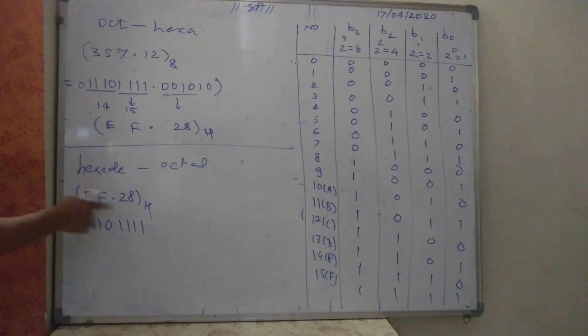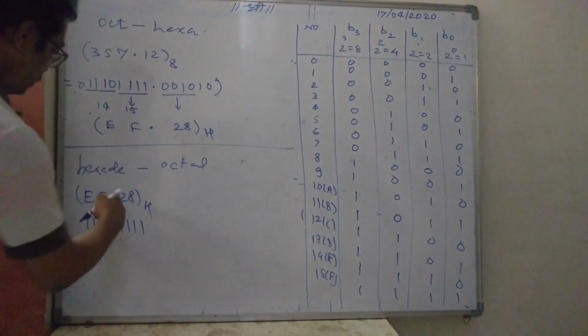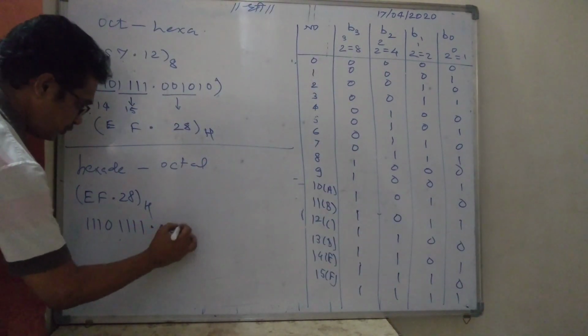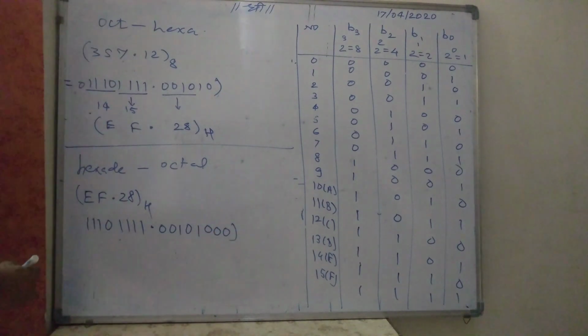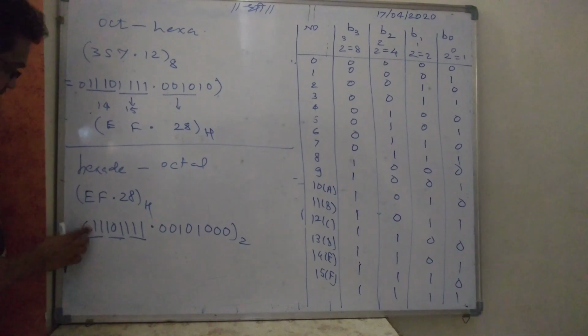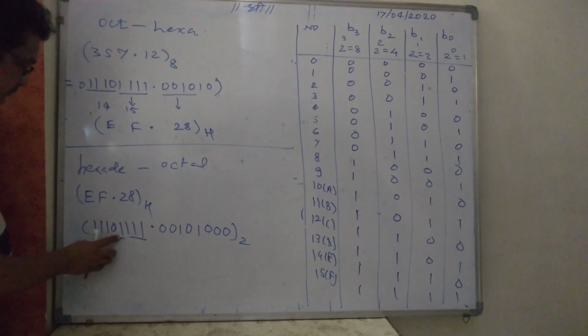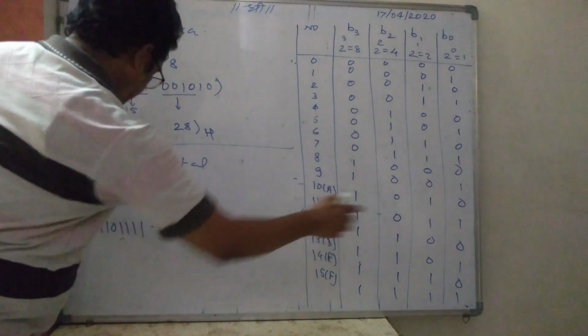You have to represent in 4 bits. E is 1 1 1 0. F is 15, 1 1 1 1. 2 is 0 0 1 0. 8 is 1 0 0 0. This is converted into binary, 4 bit representation.